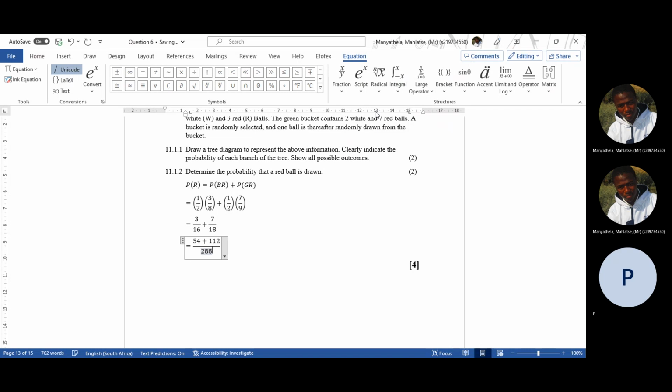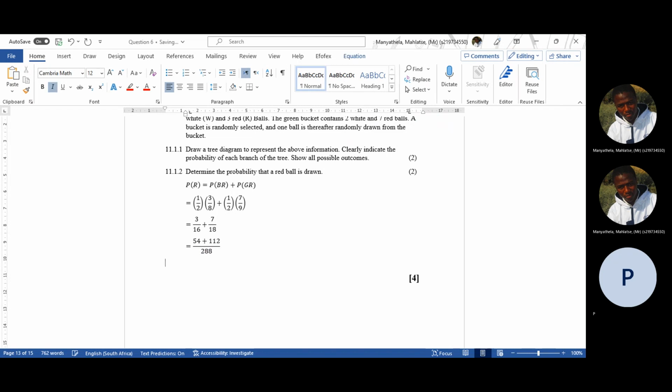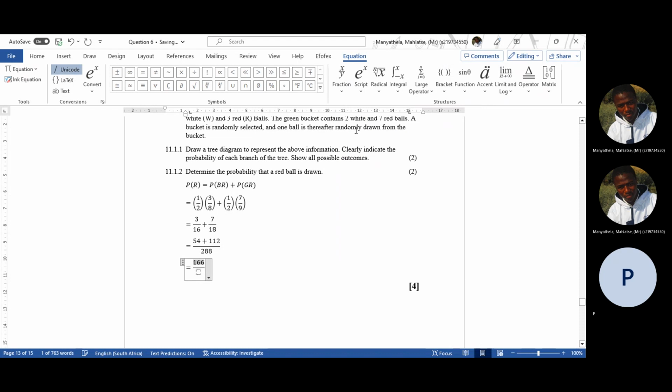Which is 288. So 54 plus 112 is 166. So 166 over 288. 166 over 288 is how much?